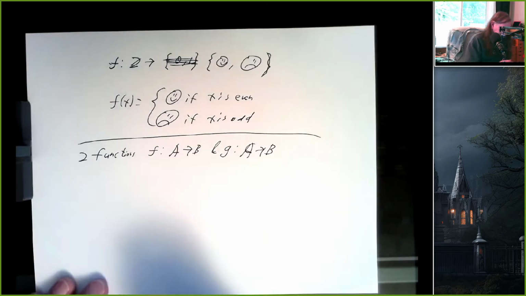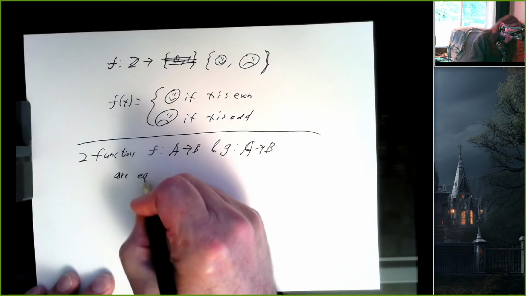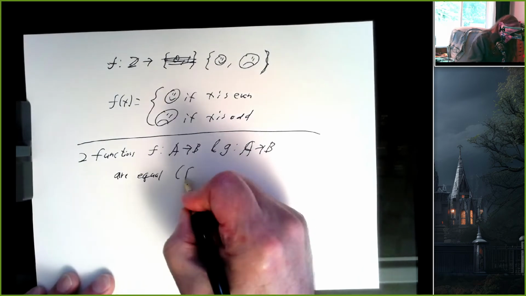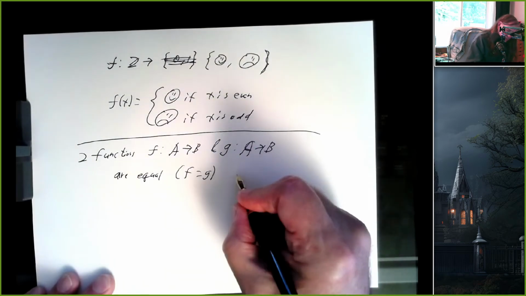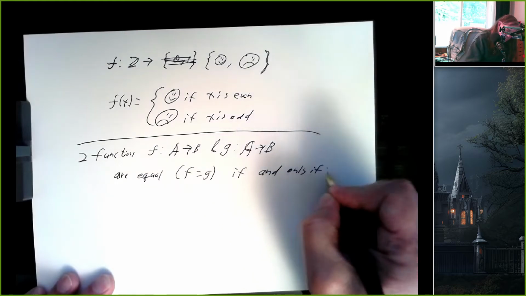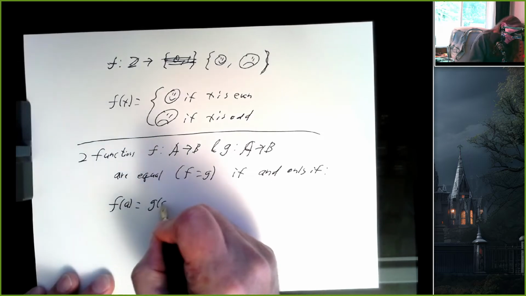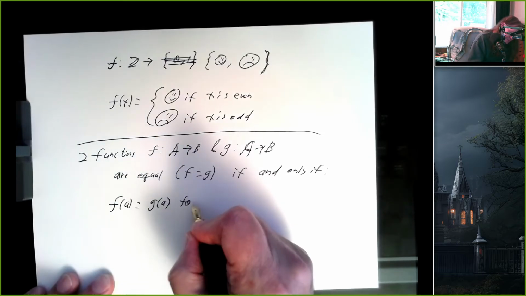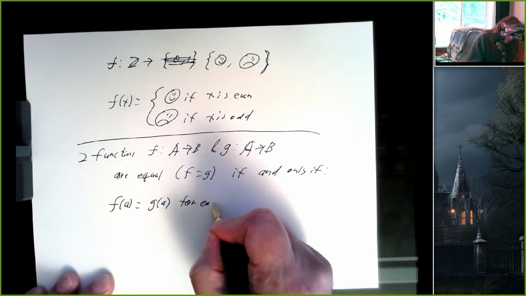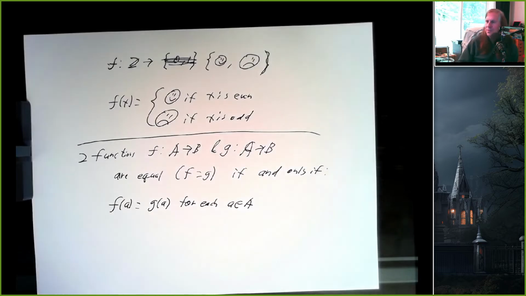So two functions f and g are equal, and we can write f equals g, if and only if f of a equals g of a for each element in the set A. So two functions are equal if and only if they agree everywhere in the domain.